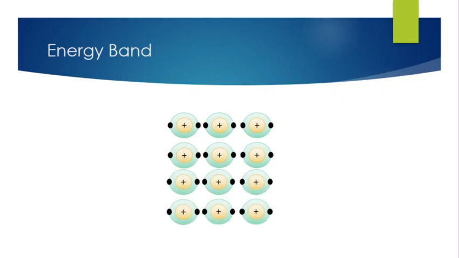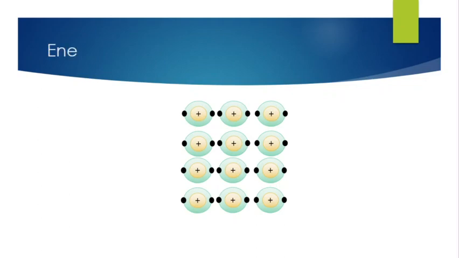So when these atoms are combined to form a solid, what happens? The electrons in the first orbit or second orbit try to attract the nucleus of another atom, or try to repel the electron of another atom. This process goes on and on.